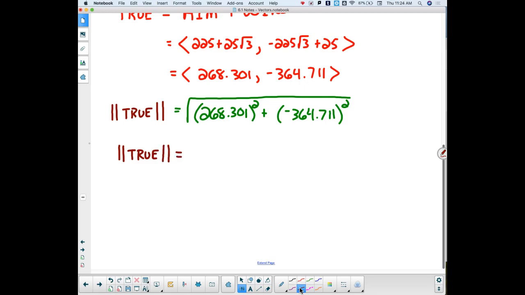So this plane is actually flying at 452.769 miles per hour. So the wind is helping it by 2.769 miles per hour.